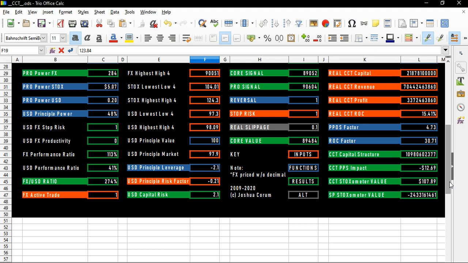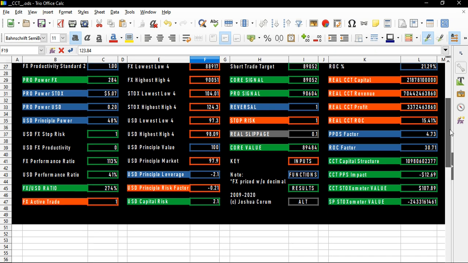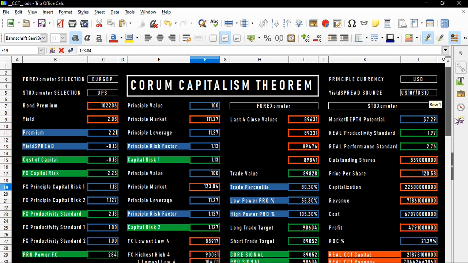Quorum capitalism theorem, price per share impact, whether their price should go up per share or down, is negative $12.69 per share. In other words, UPS needs to go down to a value at the CCT STOXometer value of 107.89. And they're currently trading at, what's that value up there? 120.58.